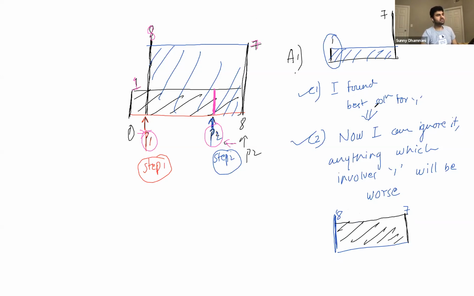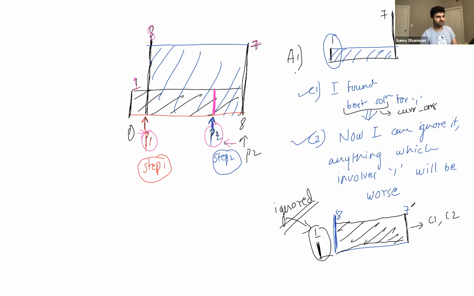So this best solution is the best solution in the current array. So here, I'm just ignoring this previous one, because I've already found the best solution for it. Now I found the best solution for 7 in the current array, and then I can again say C1 and C2, the 2 claims for 7.